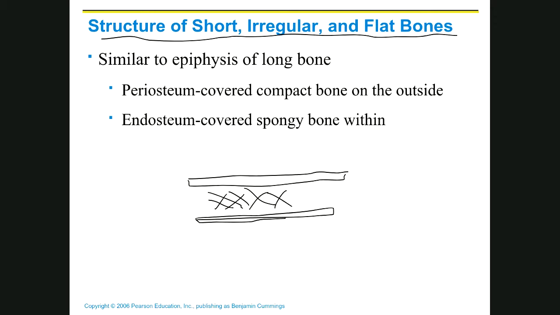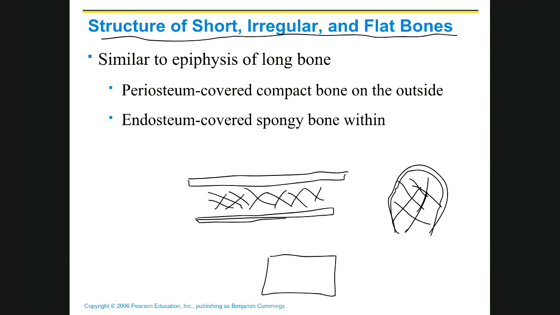And so if you look at this, it looks similar or almost identical to the epiphysis of a long bone, because the epiphysis of a long bone looks like this. And if we look at a short bone, it looks almost the same. So here's the dense bone, and here's the spongy bone. And if we look at an irregular bone, it looks almost the same.